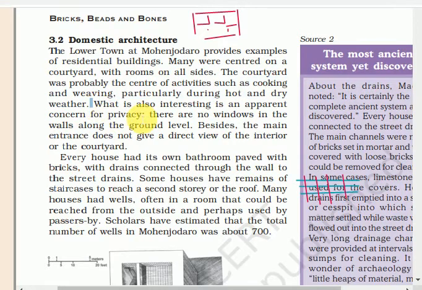Privacy was the main concern of the people who used to live in these cities. That was why there was no window in the wall along the ground level. For example, we take the example of this house. If there is a street, then no window of this house opened onto this street.